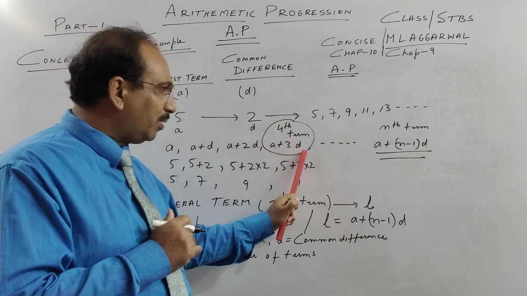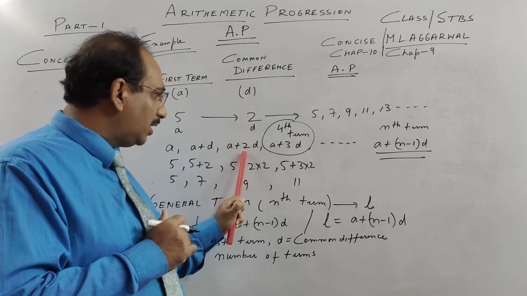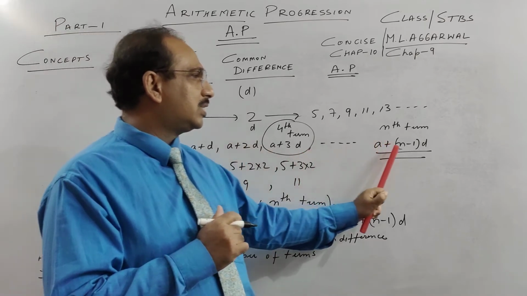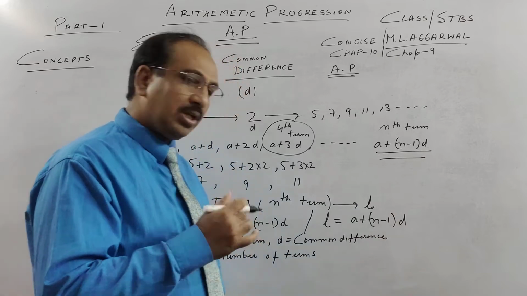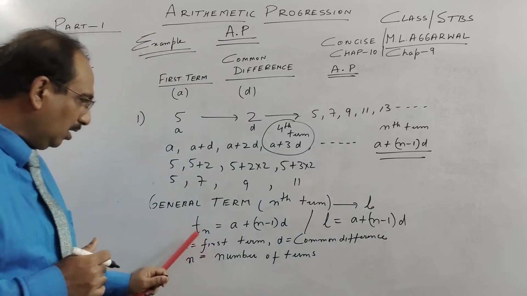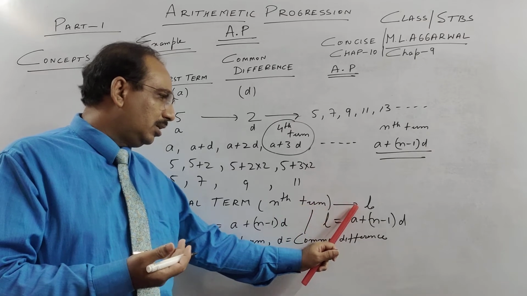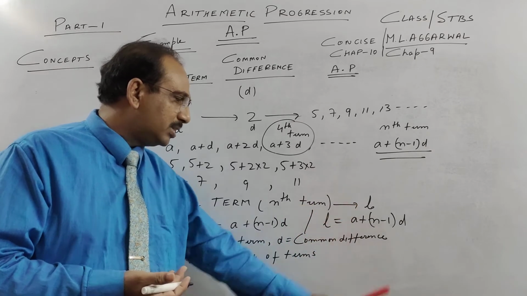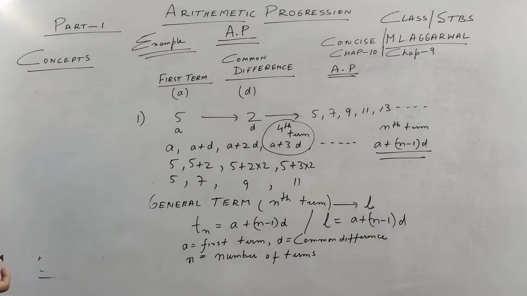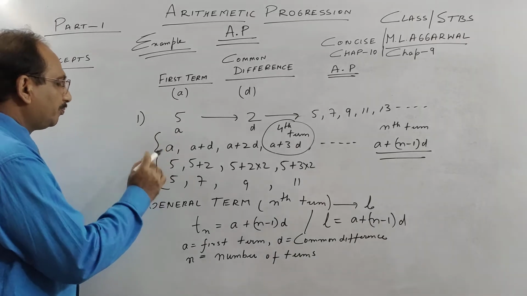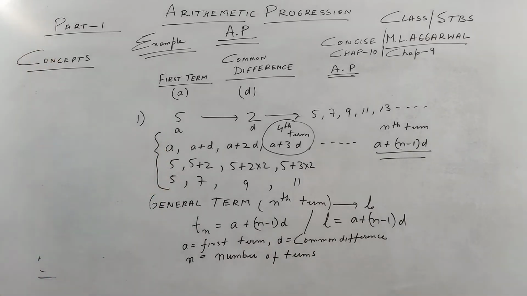Okay, so 1 less, 4 minus 1, 3. So this is n minus 1, nth term. With examples I'll show you, don't worry. So this is the nth term, and if there are total n terms, then the last term is called L, and L is a plus n minus 1 d. So please copy, and then I'll give you a few examples.